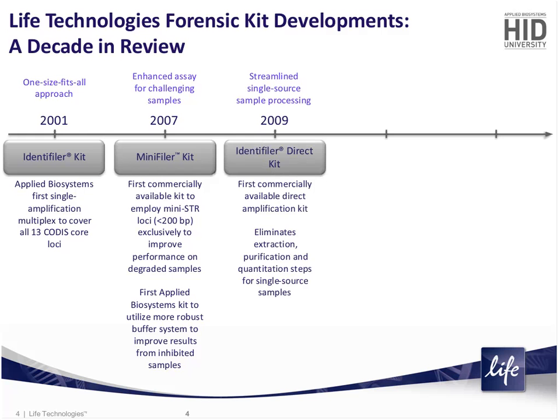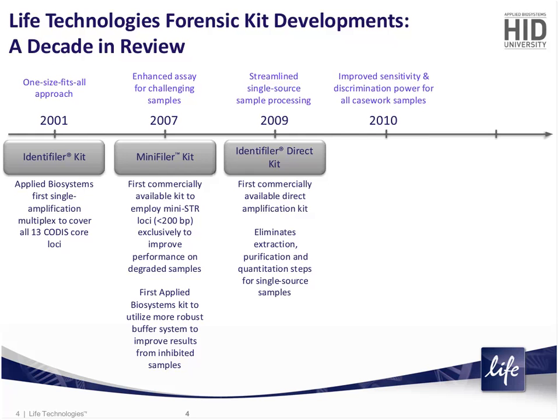And this was the first commercially available multiplex to perform direct amplification from unpurified single-source samples, either blood or buccal, on paper substrates. The beauty of this is that it eliminates the extraction, purification, and, in some cases, quantification steps performed by the laboratory for those single-source samples, significantly reducing the amount of time to achieve a result and also hopefully reducing the cost implications for the laboratory.